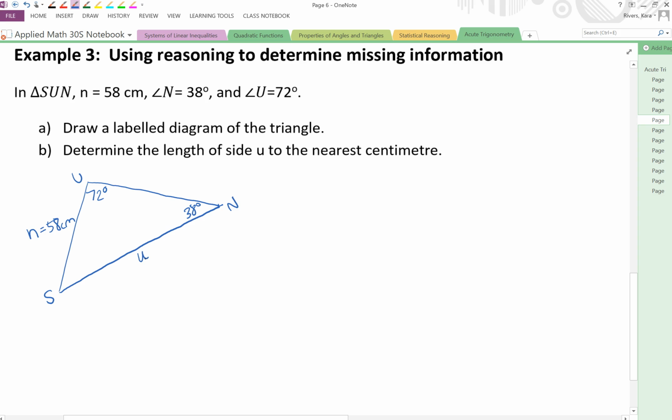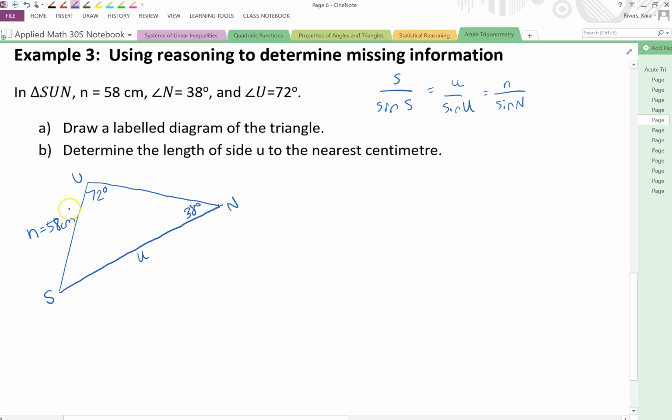So we normally have A over sine A, B over sine B, C over sine C, but that's really not going to help us here when our letters are S, U, and N. But you can set it up the exact same way. So you have S over sine S, U over sine U, and N over sine N. And I used again the lowercase letters on top because I'm solving for a side.